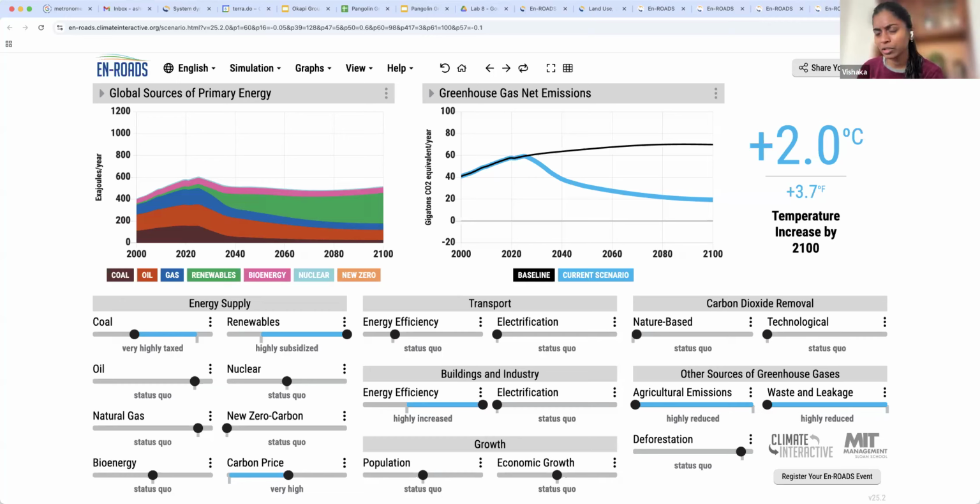We didn't touch population and economic growth because we're not sure how realistic that is or how many proponents of that there are. So what we found most effective was agriculture, waste and leakage. And again, not sure how realistic it is, but we moved it all the way to the left. In the end, I think these two levers together led to almost a 0.3 decrease. So that was our logic broadly.